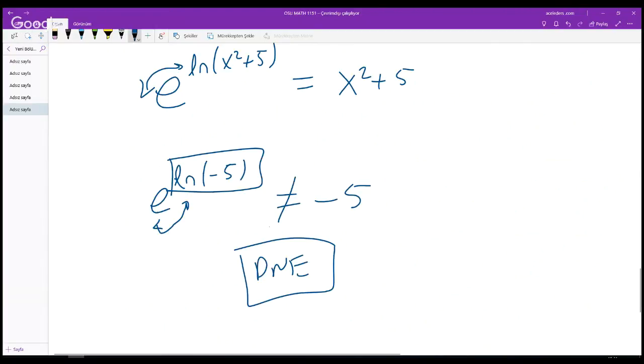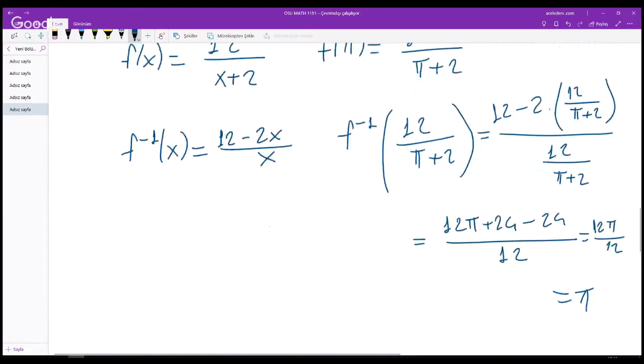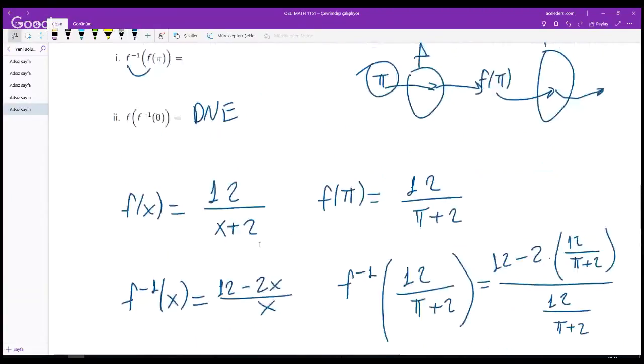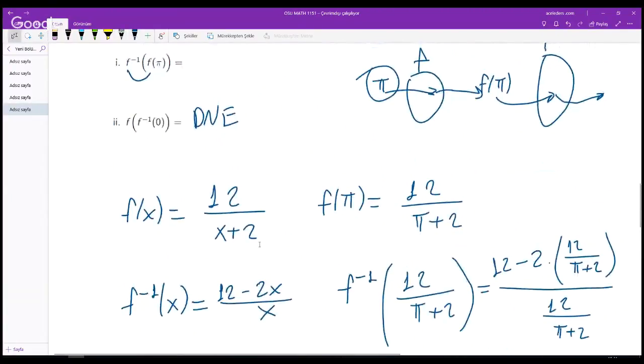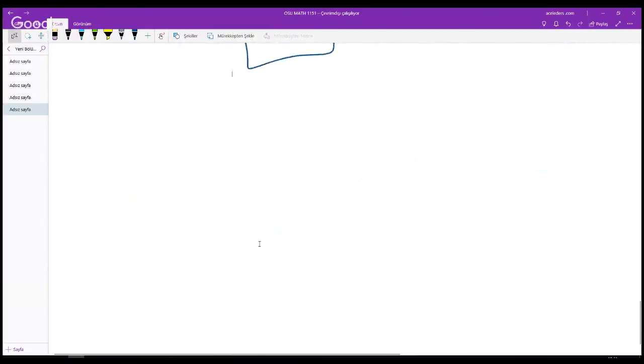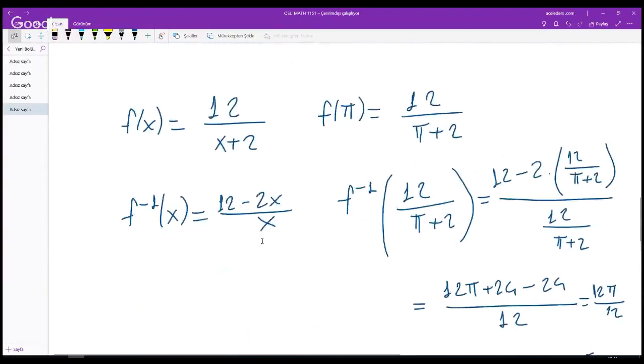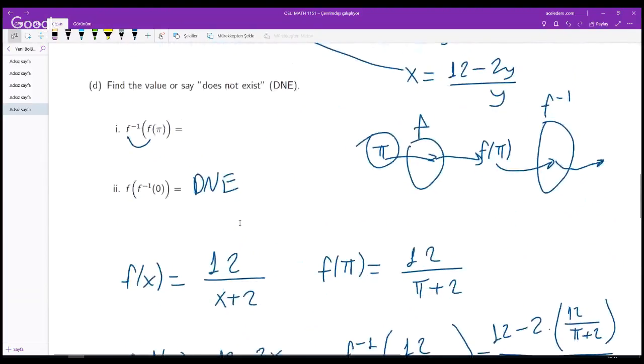Since the inverse function is not defined at x equals 0, the answer here is does not exist.